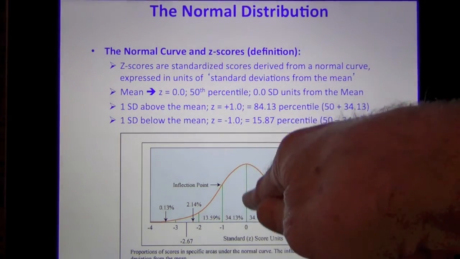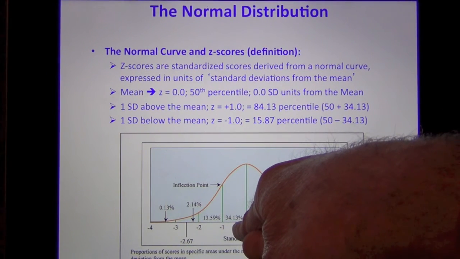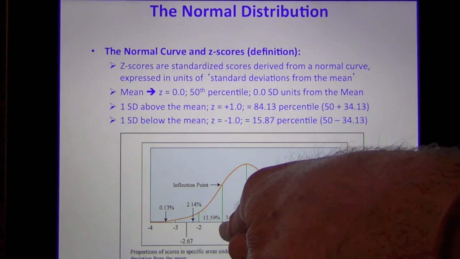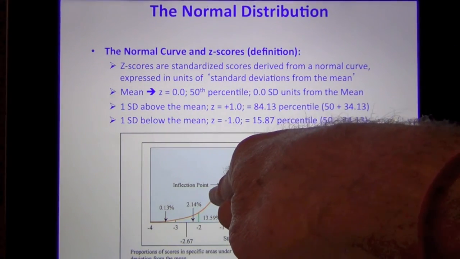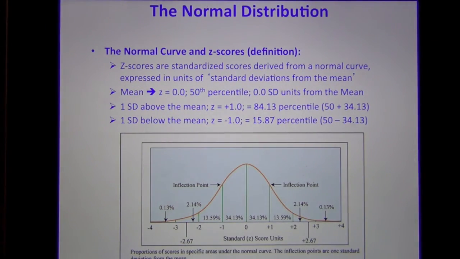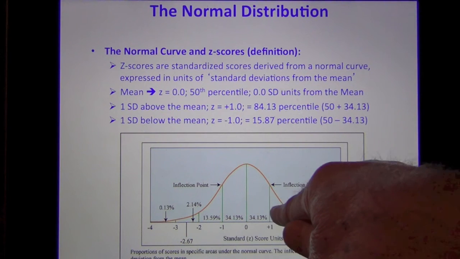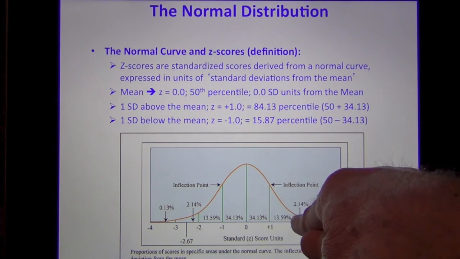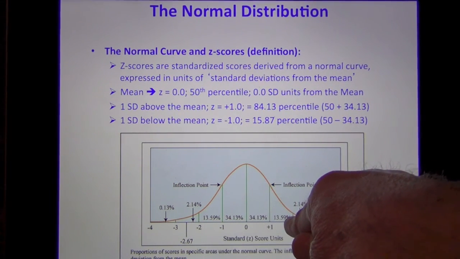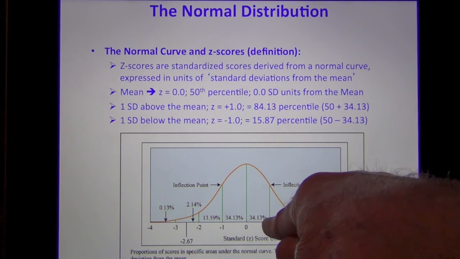Because it's the 50th percentile here, you're losing 34.13% more, so it's 15.87 percentile right there. If you move 2 z-scores above, if your z-score is 2, you're 2 standard deviation units above, and so on and so forth.